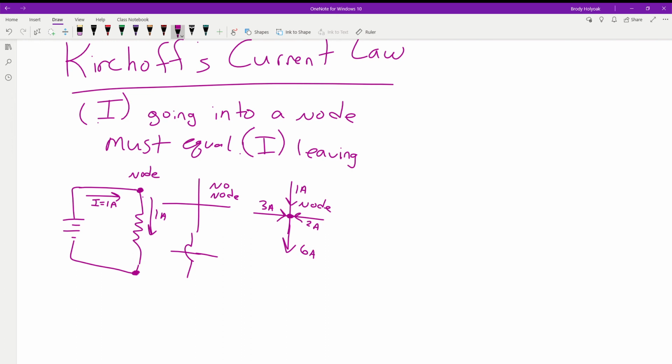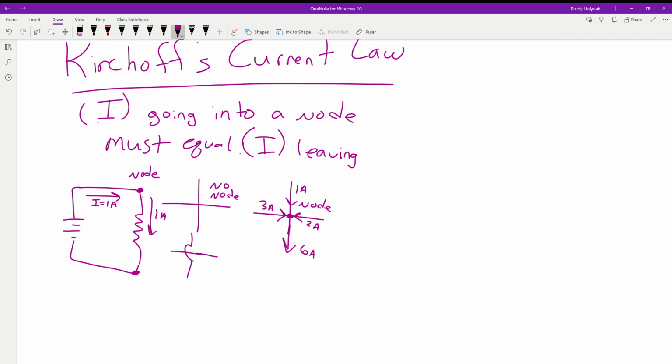This is the guiding principle of parallel circuits. The current going into the node has to equal current leaving. If it doesn't, we've calculated something wrong, or we have extra power coming in that we shouldn't be, or things like that. So just like with Kirchhoff's voltage law, in a loop, all the voltages have to equal 0.